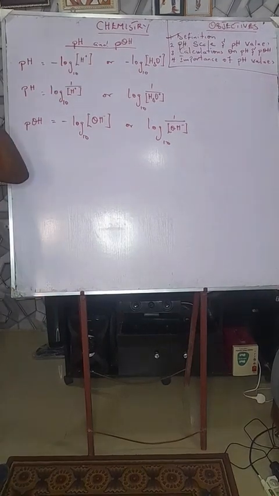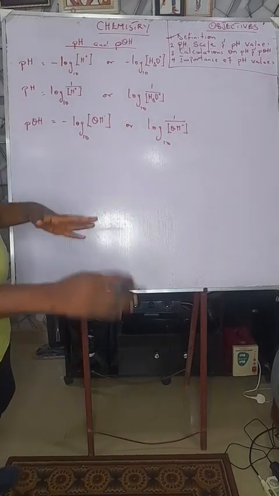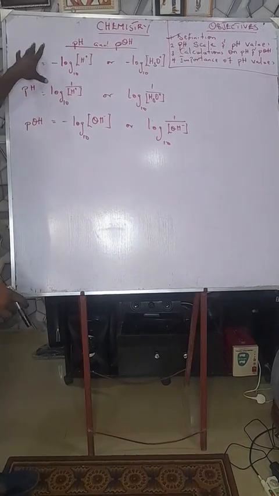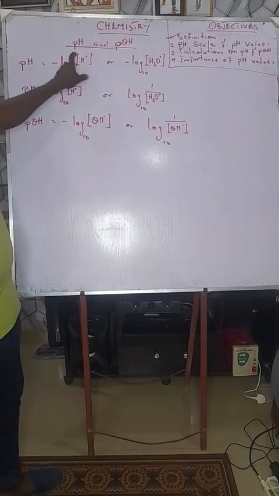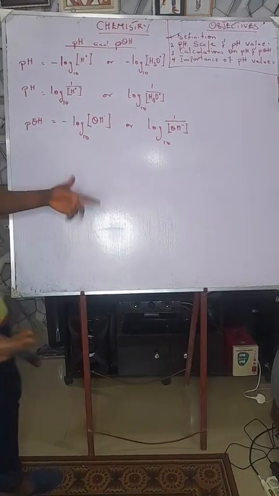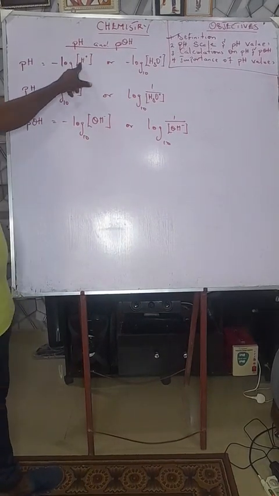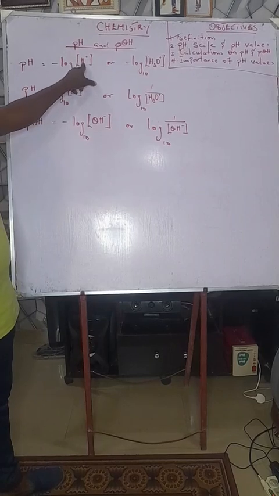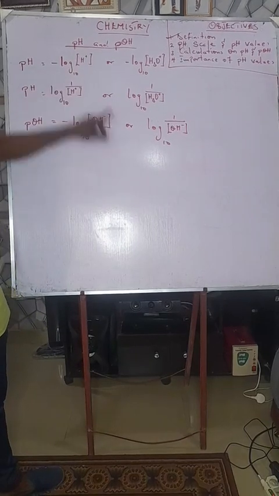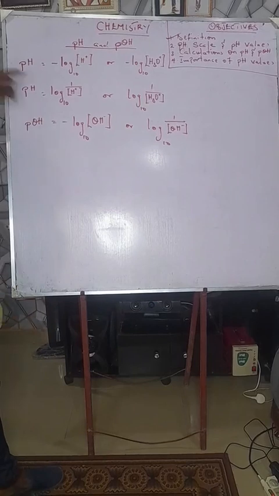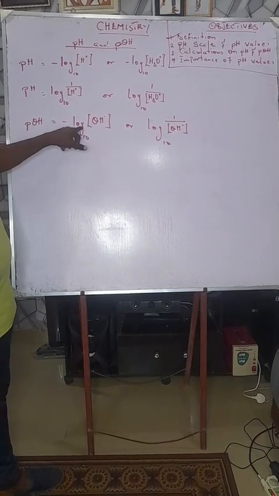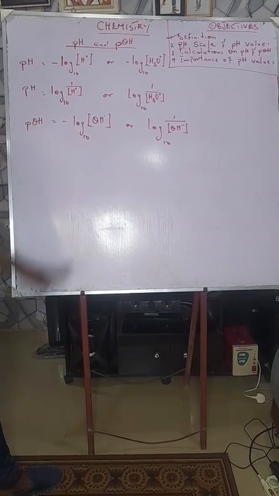So this, I want you to put this formula in your mind, or you can jot it somewhere. The formula of pH, we are going to be using either this or this. But me, naturally for your calculation, I prefer you use this. Negative logarithm of hydrogen ion concentration, base 10. It's very simple. Then your pOH is negative logarithm of hydroxide ion concentration to base 10.